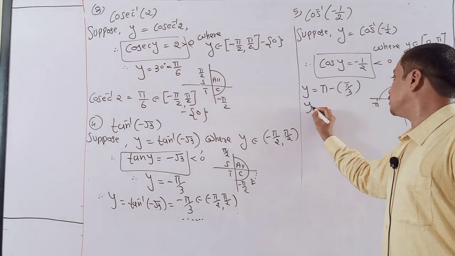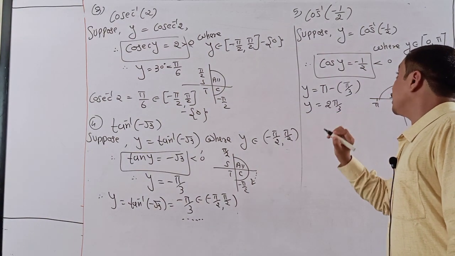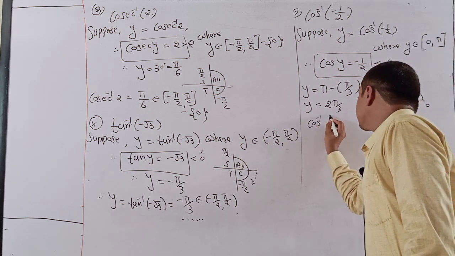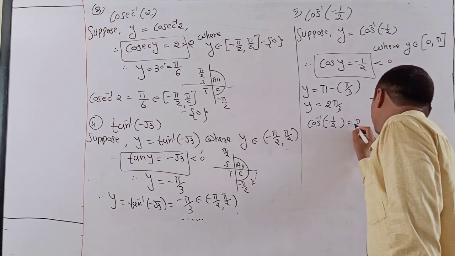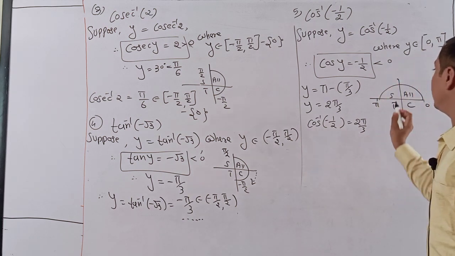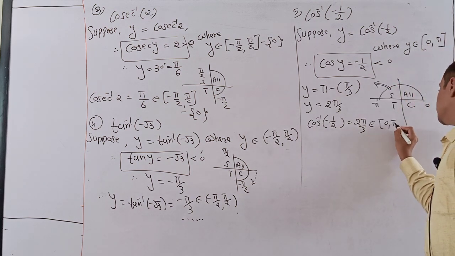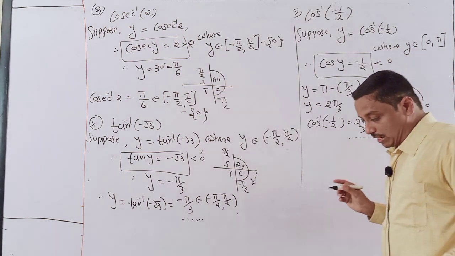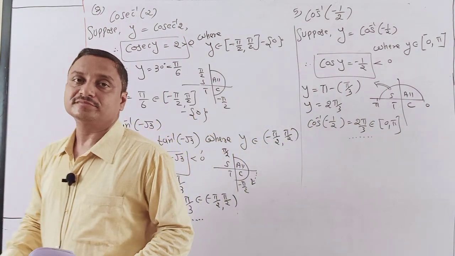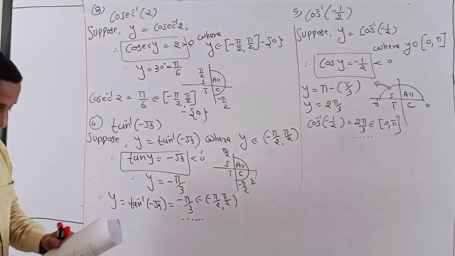So my answer is 2 pi by 3. Finally done. Cos inverse of minus half is equal to 2 pi by 3, which is the angle here, and it belongs to the interval 0 to pi. Tick mark your final answer here. It's a very easy process.